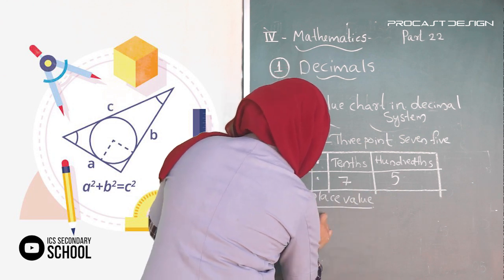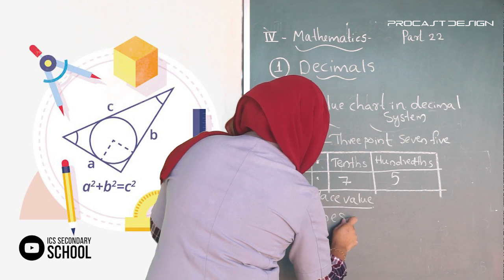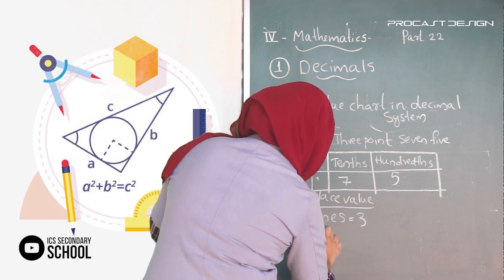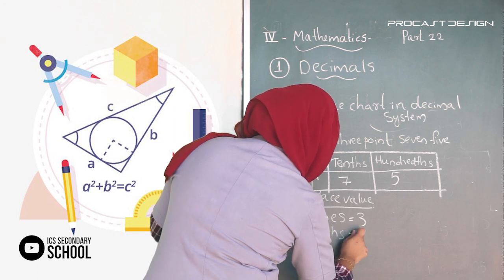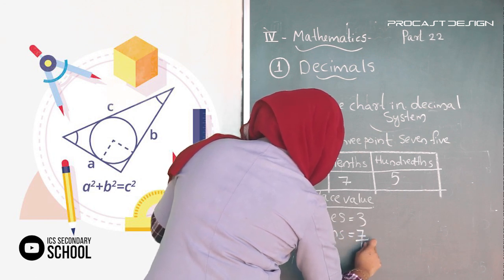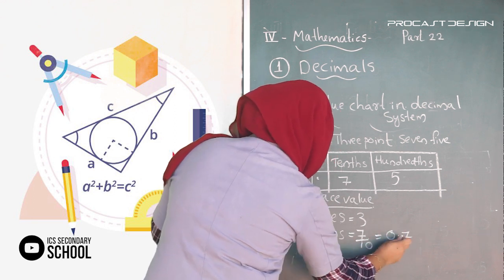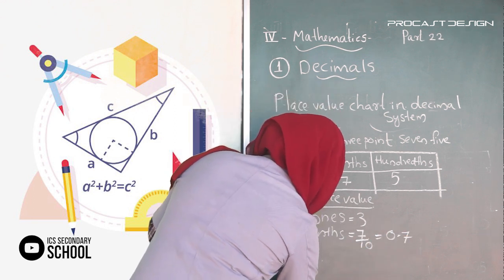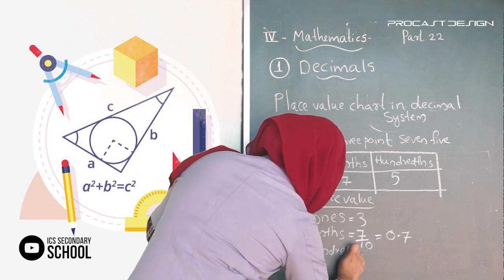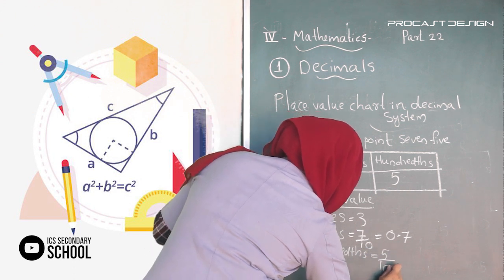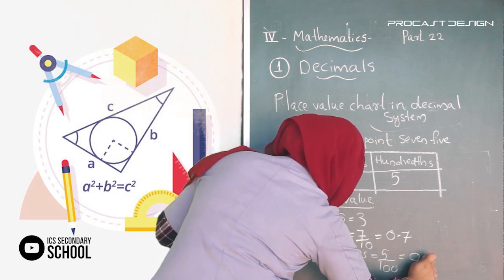So 3 ones, or 3. 7 tenths or 7/10. 7/10 means 0.7. Okay. Next is 5 hundredths or 5/100. That means 0.05.